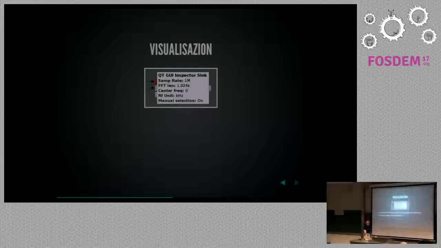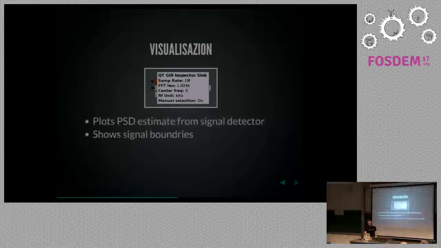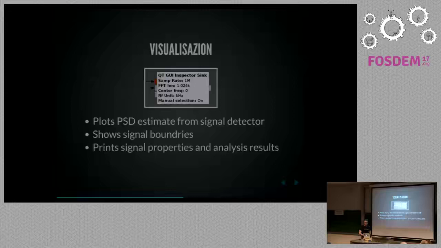Next to the markers of each signal, there are also the properties plotted, like center frequency and bandwidth, and there can also be more parameters that I will show on the next slide. And this block also enables manual selection. So if the automatic signal detection messes up because you have a bad SNR, for instance, you can do a drag and drop selection here.